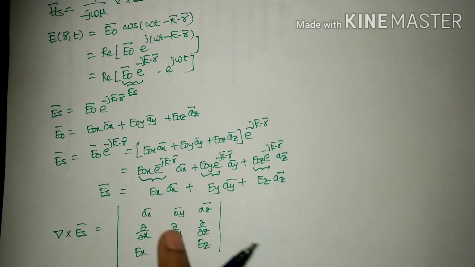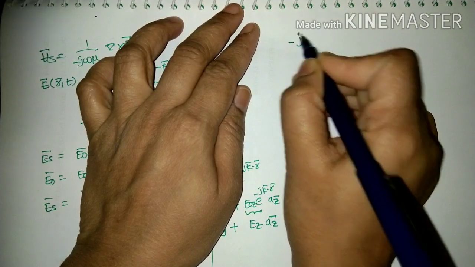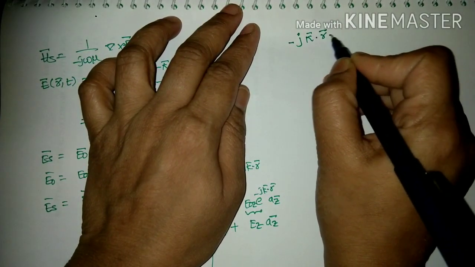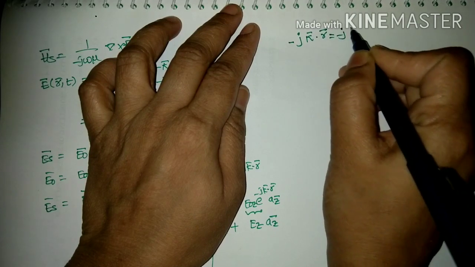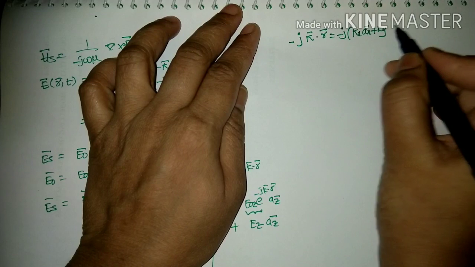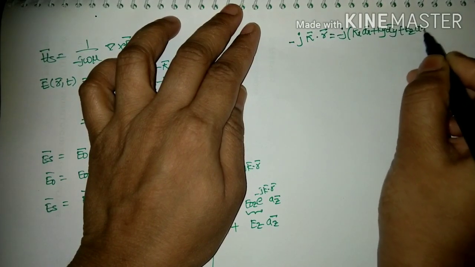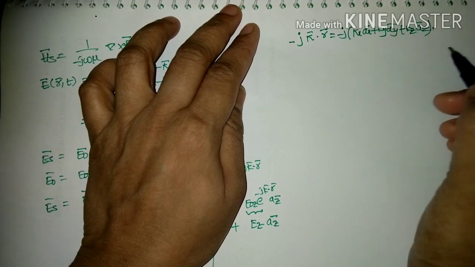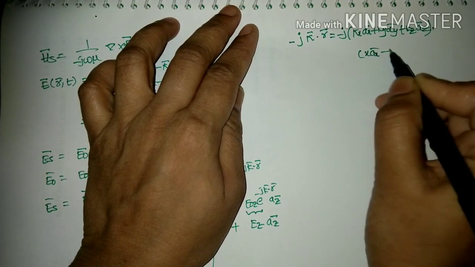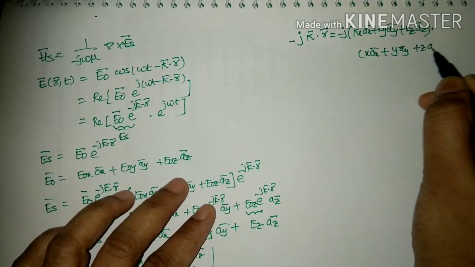Before that, let us consider this term minus j k bar dot r bar, which is equal to minus j, k bar is equal to kx Ax bar plus ky Ay bar plus kz Az bar, dot r bar. R bar is given by x into Ax bar plus y into Ay bar plus z into Az bar.